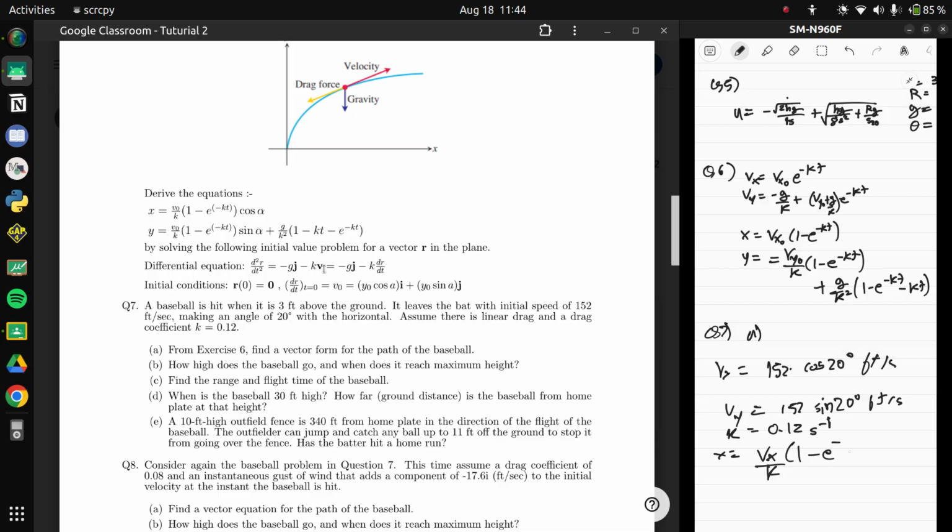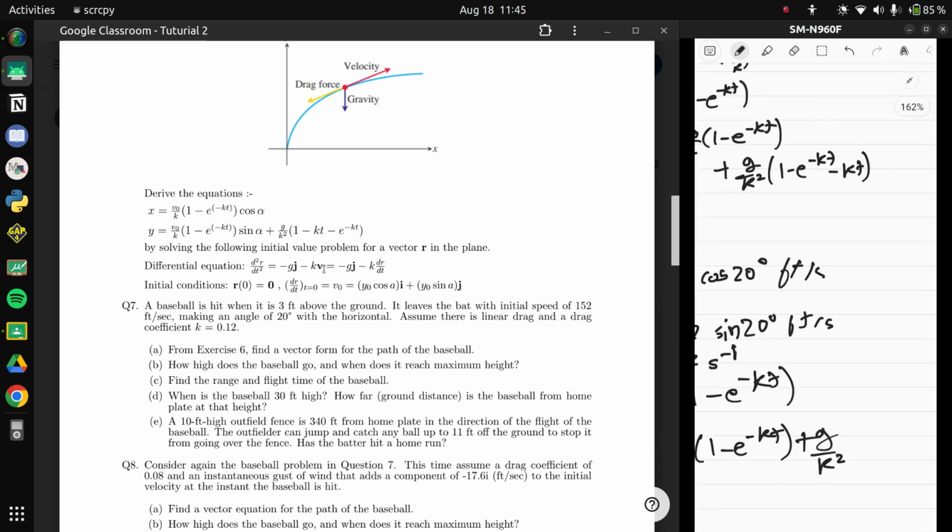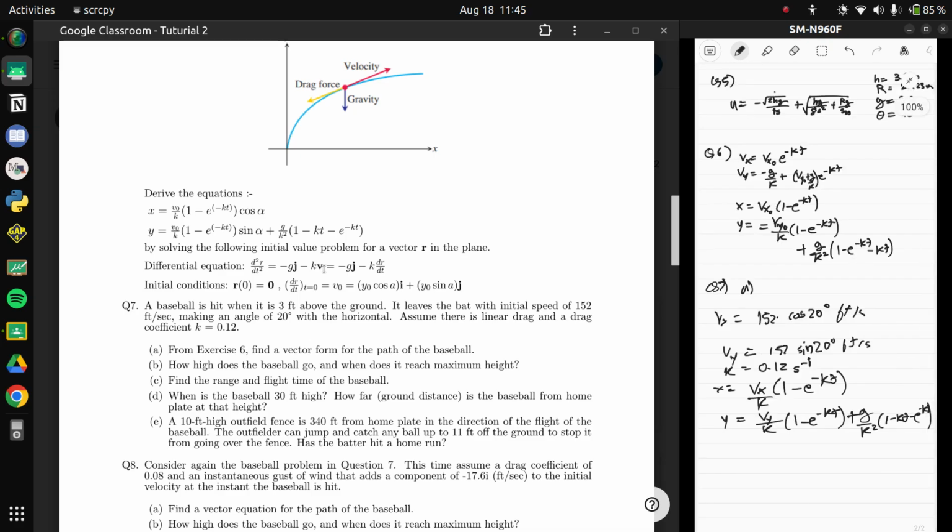So x is vx upon k times 1 minus e power negative kt, and then y would be vy upon k times 1 minus e power negative kt, plus g by k squared times 1 minus kt minus e power negative kt. Cool. These are your equations.